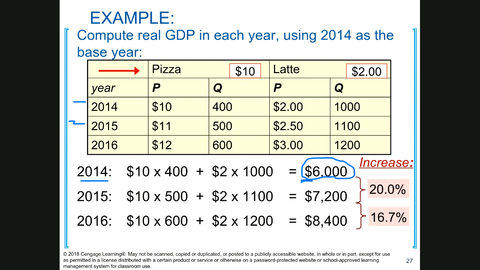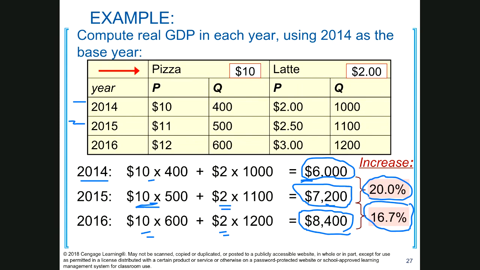For 2015, if we use base year prices, we come up with deflated. We get the inflation out of it. For 2016, we use the same prices that we did in the base year, and we come up with 8,400. Now you see, in real terms, we jumped 20%, not 37.5, because we deflate. We get the inflation out of it.